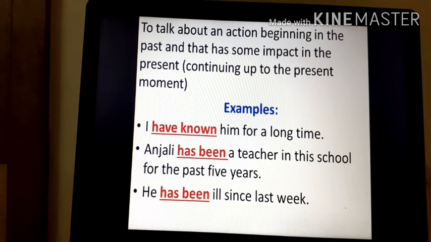He has been ill since last week. So maybe the boy has been ill since last week and still this boy is unwell. So we use present perfect tense to talk about those actions which began in the past but still have some effect in the present, that is, which continue up to the present moment.